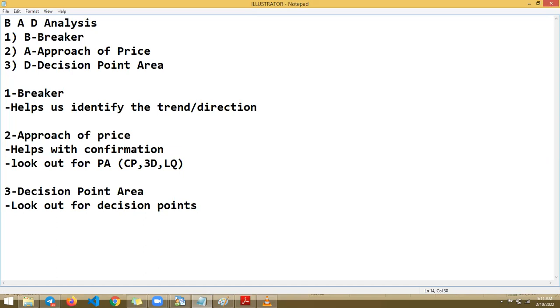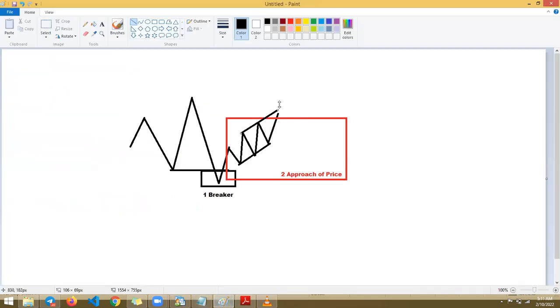And then you can look out for areas like the QML, etc, just for more confirmation. So the final stage is looking out for a decision point.